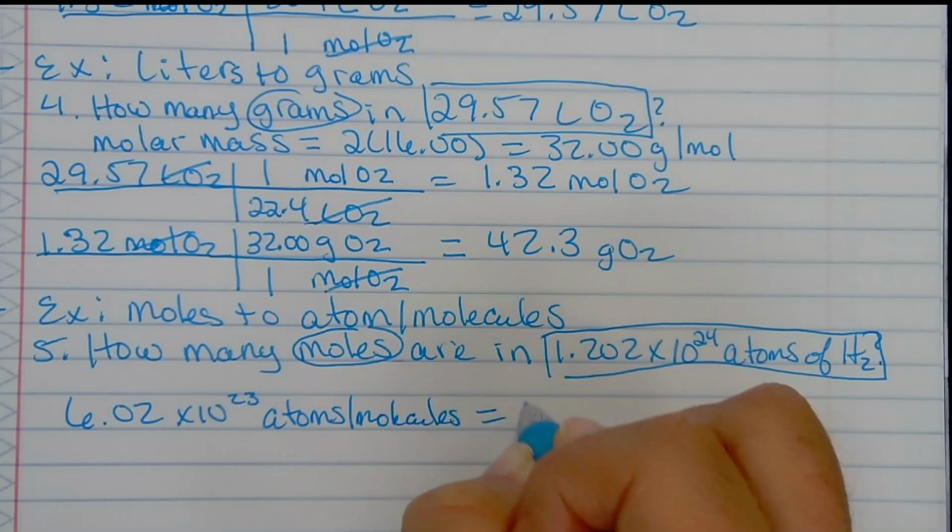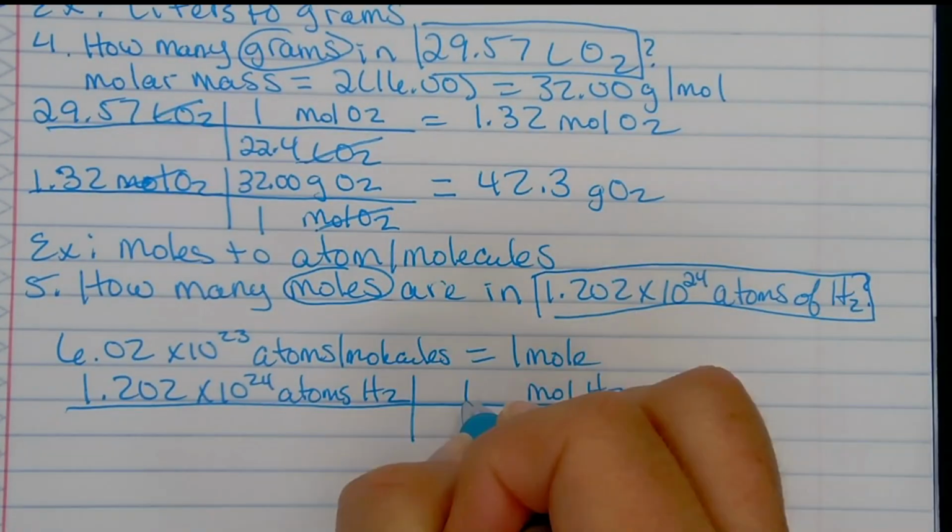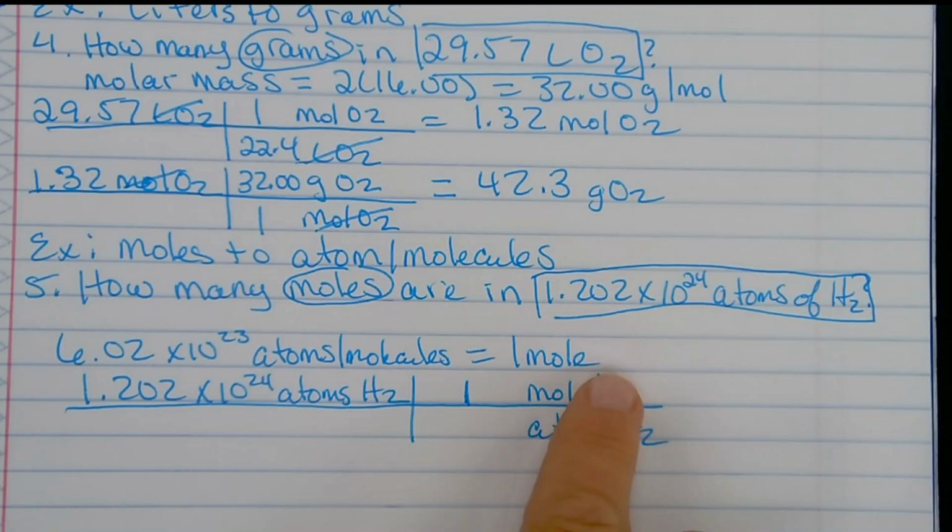The units of what I boxed, or my given, go on the bottom, so atoms of H2. This is the conversion I'm going to use. So in 1 mole, there are 6.02 times 10 to the 23rd atoms, okay? This is on the bottom, so what am I going to do with that number? You're going to divide by it.